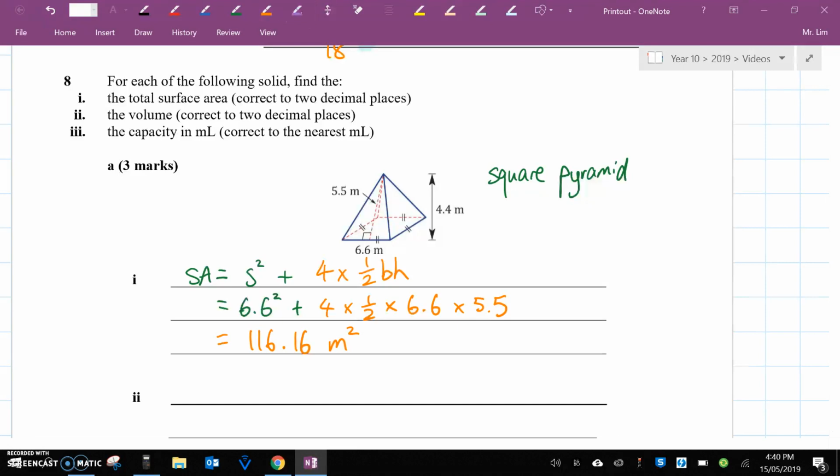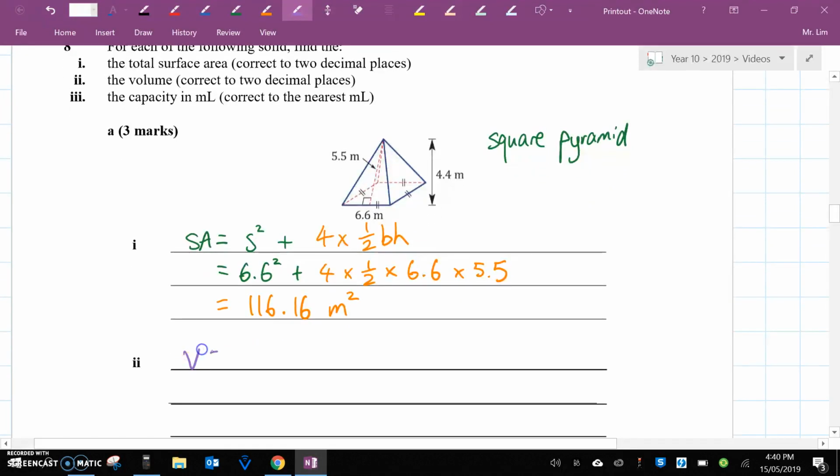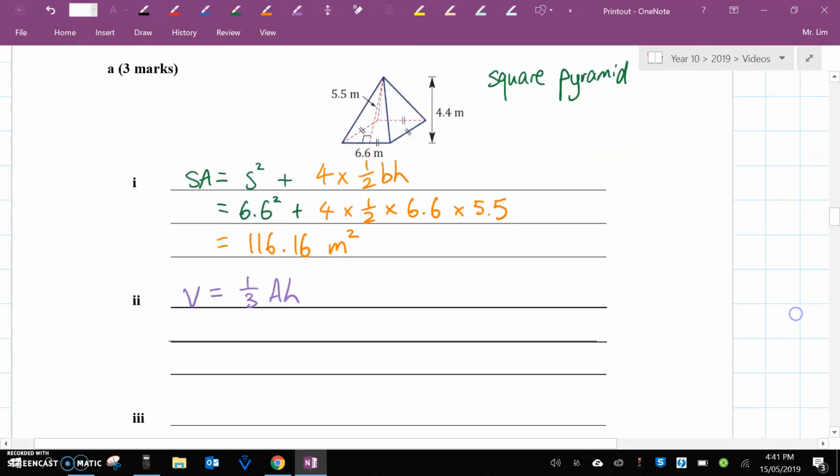The volume. The volume is 1/3 AH, where A is the area of the base and H is the perpendicular height of the solid. So we have 1/3 times, the base is a square, so the area of the square is 6.6 squared. The height of the solid is 4.4.